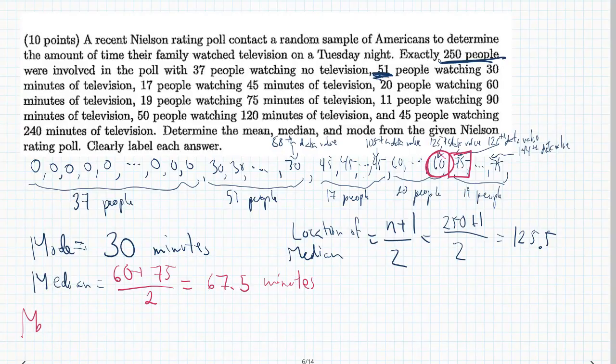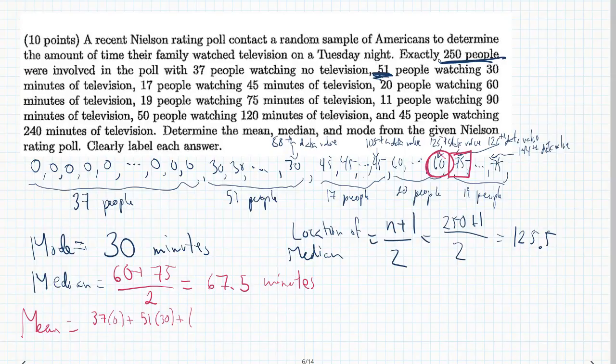Okay, so now, last but certainly not least, the mean. Rather than write 0 plus 0 plus 0 plus 0 plus 0 that many times, notice there's 37 zeros, so we can take 37 times 0. And we're taking a sum of all the data values, so there's 51 of those 30, so we go 51 times 30.